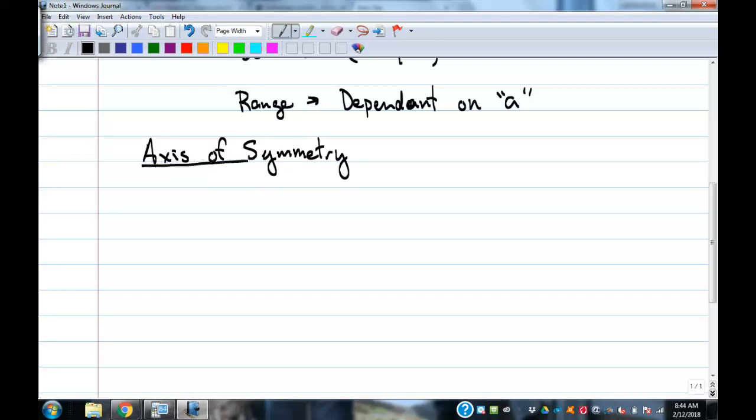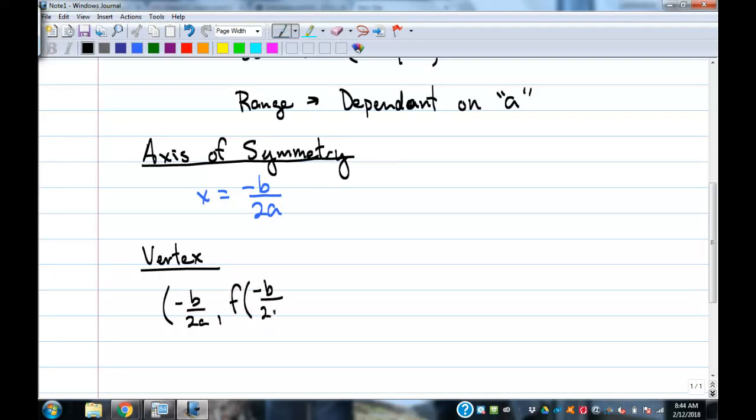And we found the equation of the axis of symmetry by using that little formula, negative b divided by 2a. And then we found the vertex from there. The vertex is going to be the x value, negative b over 2a, and for the y value, just plug that into the function and work it out.